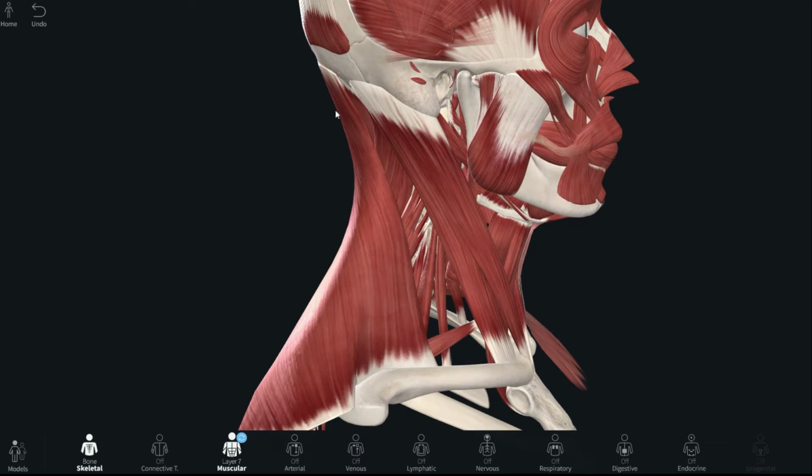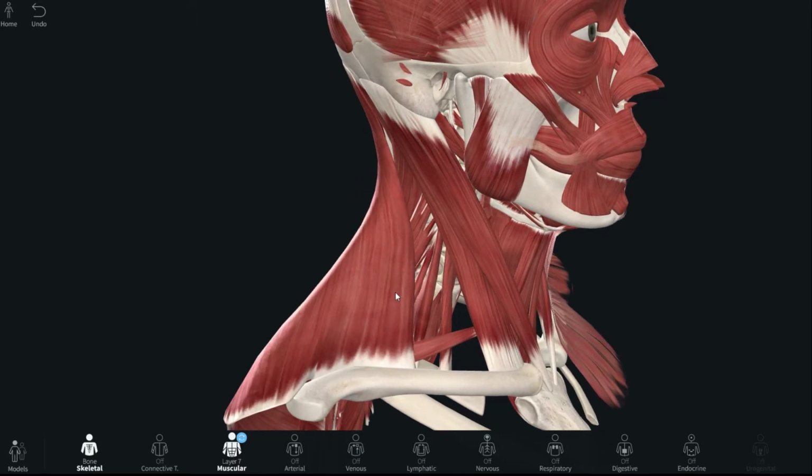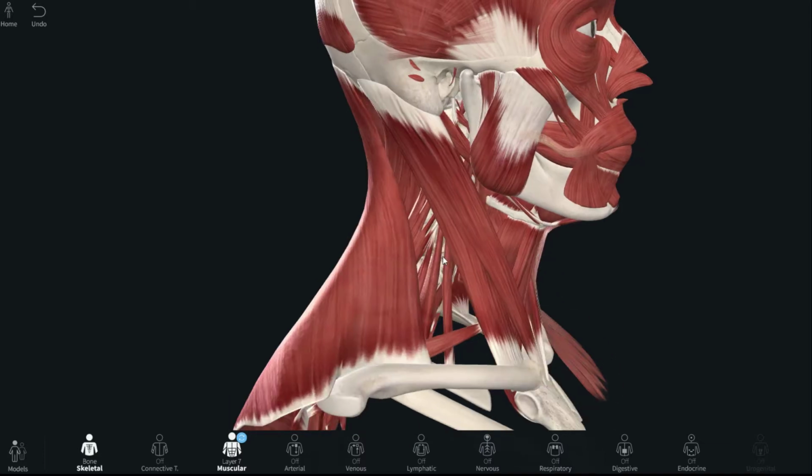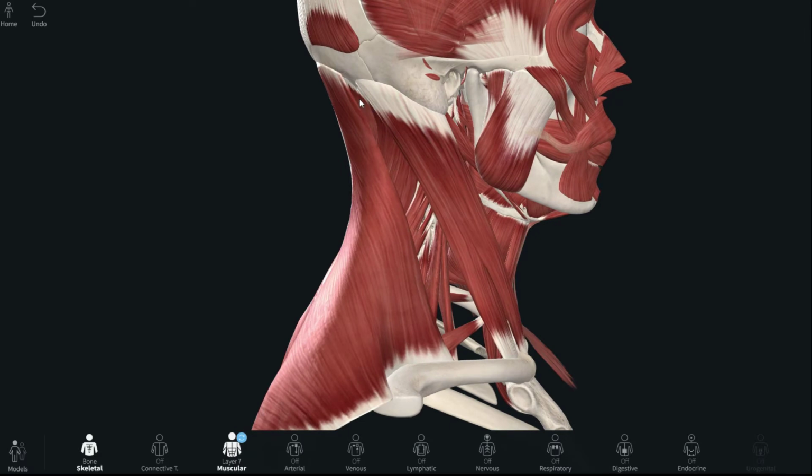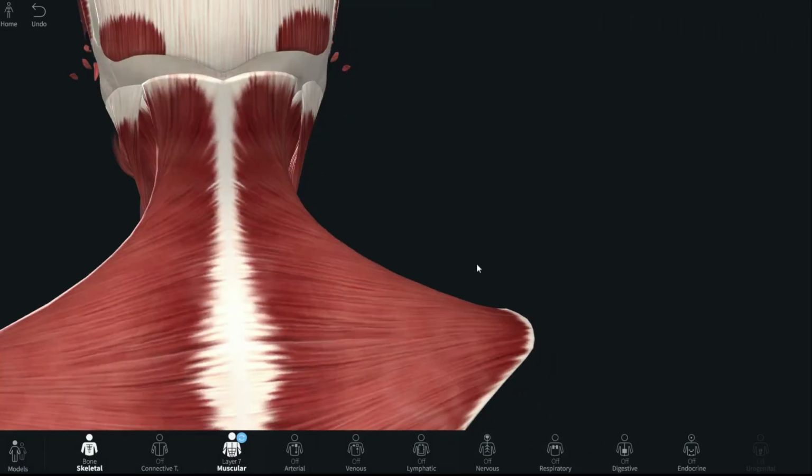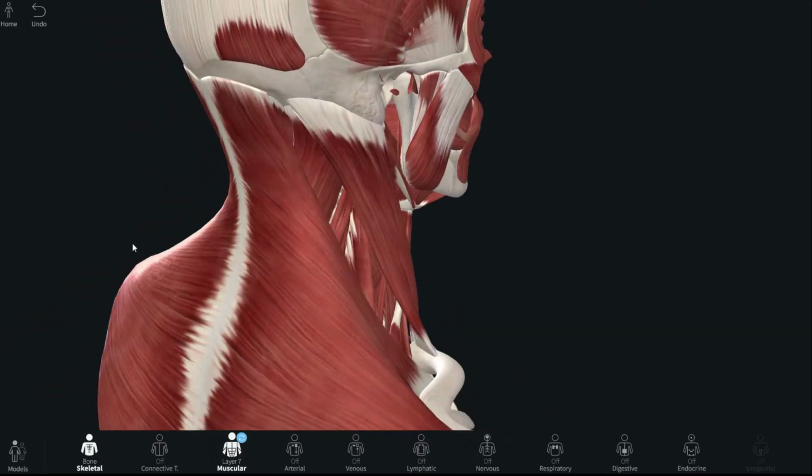This is the trapezius muscle, and this over here, as the mouse pointer is moving, is the anterior border of the trapezius muscle. So this anterior border of the trapezius is the posterior demarcation or posterior boundary of the side of the neck. So the side of the neck is up to this, whereas this over here is the posterior part of the neck.